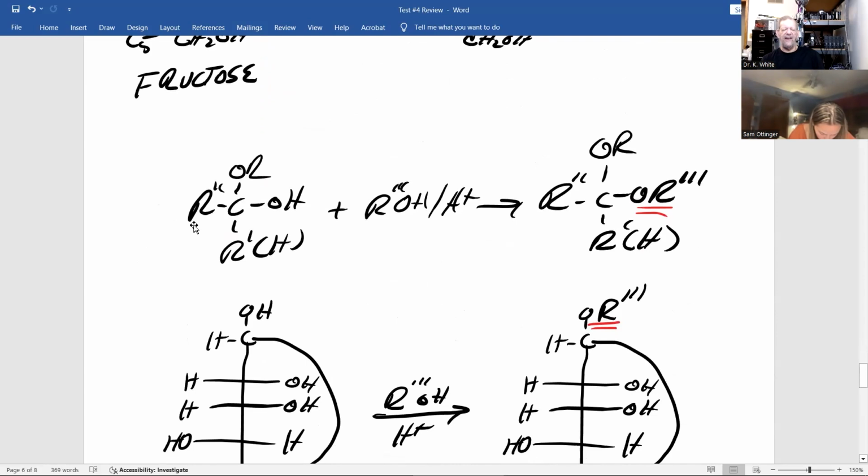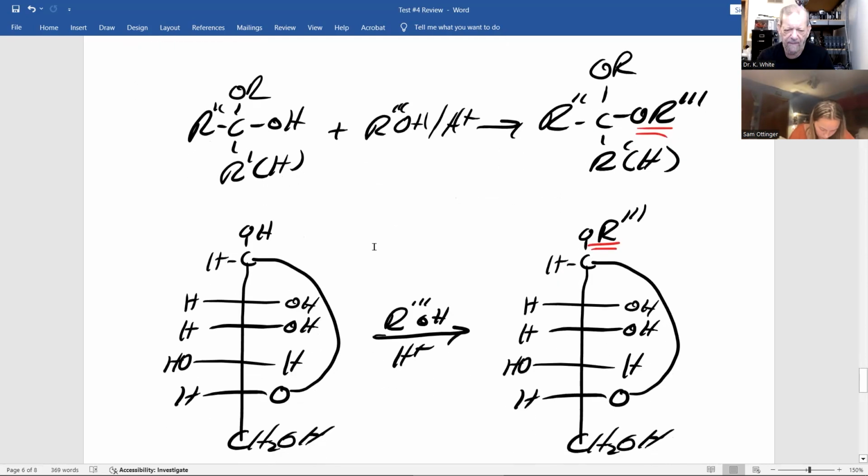Now, sort of a new reaction, but it's a little modification of an older reaction I taught you in test number 2. If we have a hemiacetal or hemiketal, and for this class, I only talked about the hemiacetal, and you react it with an alcohol, you can replace this hydroxyl group with the OR triple prime from the alcohol.